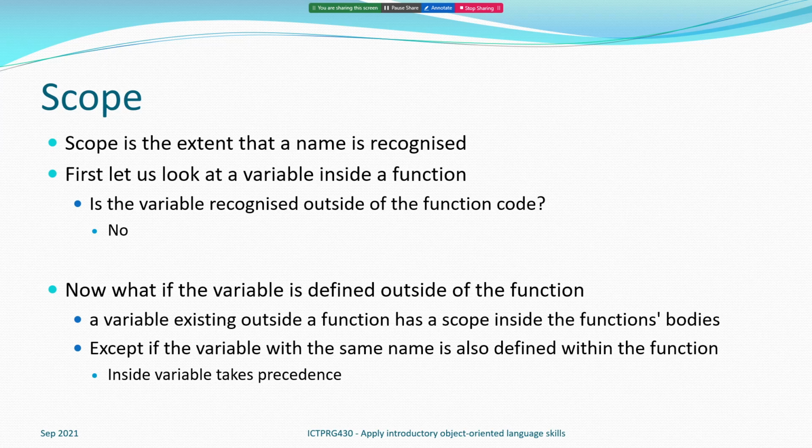So you can reuse variable names defined in different functions because they have no global recognition. They're not recognized by the main body of the program because they're only used within the function call itself.